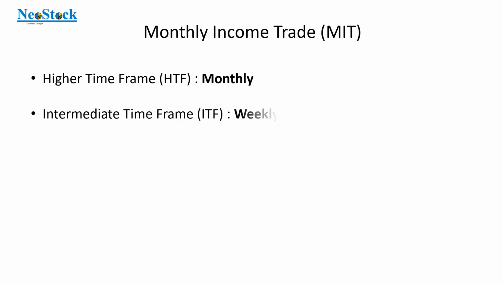See, HTF is monthly, ITF is weekly, and LTF is daily. The scenario is the same, but what is making the difference? In crypto, between daily and weekly, we have 7 daily candles. No change between monthly and weekly. We have 4 weekly candles that should be completed to go to the monthly.